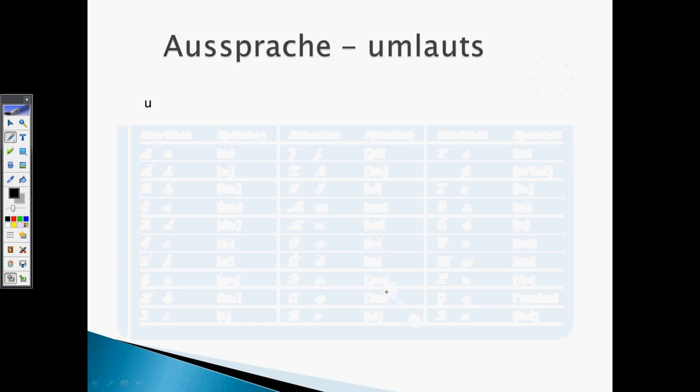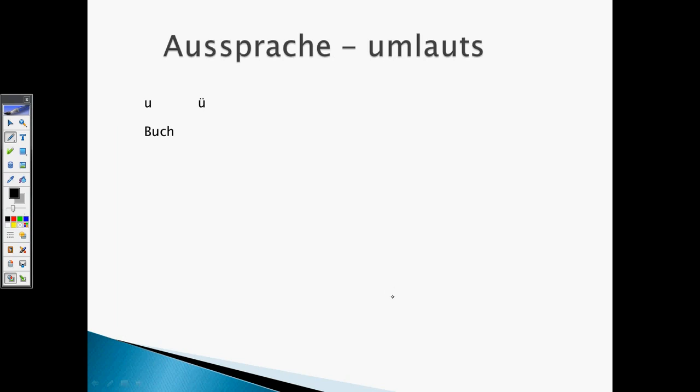Okay, so let's go on to some more umlaut sounds. So here we have U, Ü, okay? For example, the word Buch, das Buch, the book. Tür, die Tür, the door. Buch, Tür, gut. Then we have A and Ä: Apfel, der Apfel, the apple.